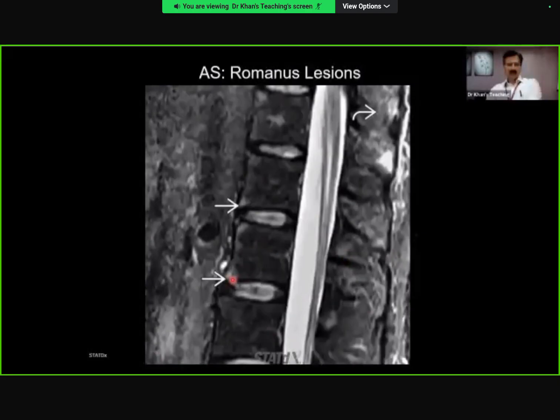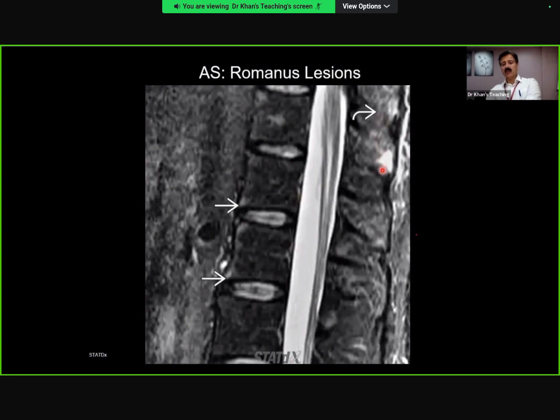Now, this is another case of edema, anterior. One point for the exam is extremely important. Please remember the distribution. Other than the vertebral bodies, Romanus lesions can be anterosuperior, anteroinferior, or posterosuperior or inferior. But please remember the posterior elements.